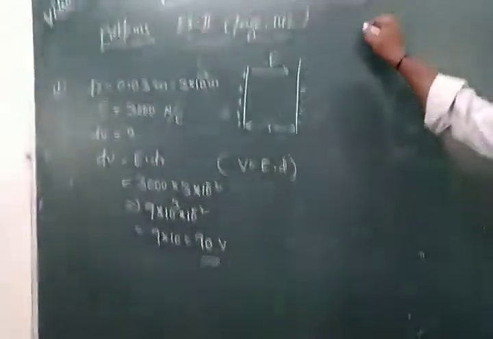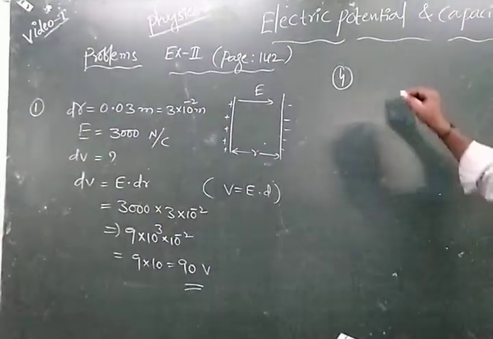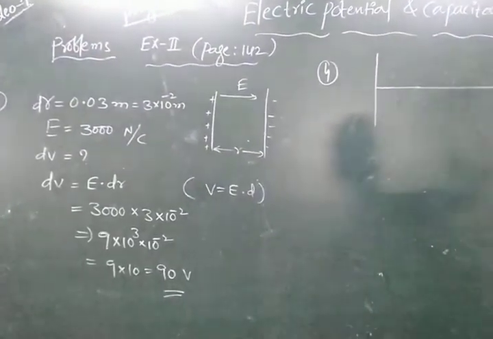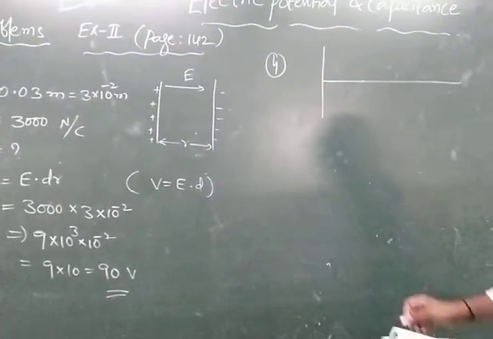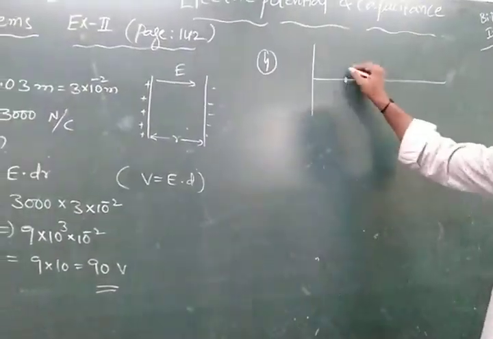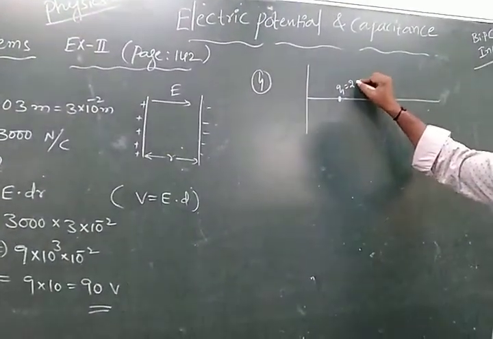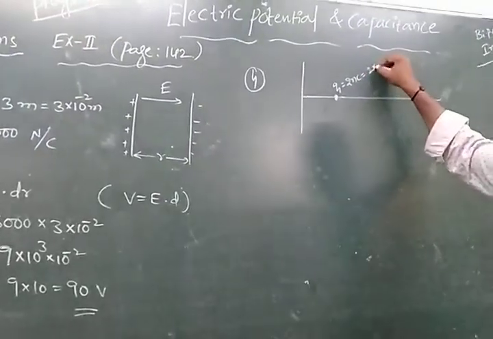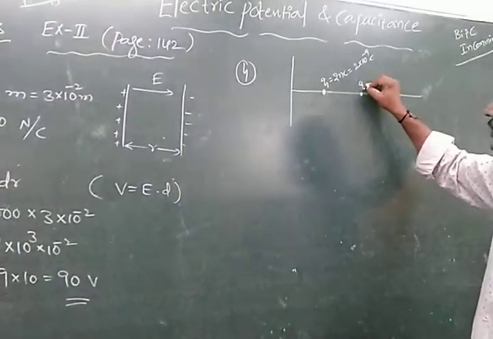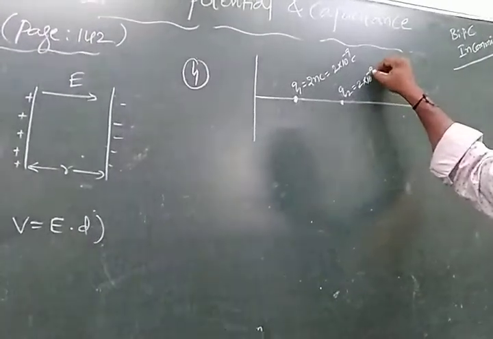Next, the fourth one. Infinity number of electric charges are located, each of charge 2 nanocoulomb, that is 2 into 10 power of minus 9 coulombs. Q2 is the same, 2 into 10 power of minus 9 coulombs.